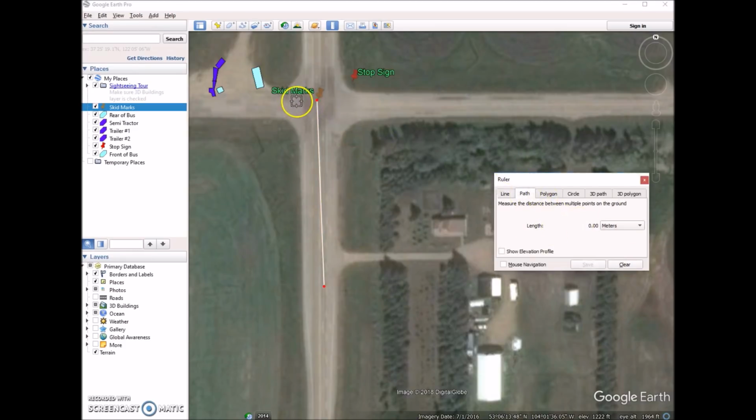And the tractor has to get through the intersection. If I connect these up, it just misses that tree, so that's good.